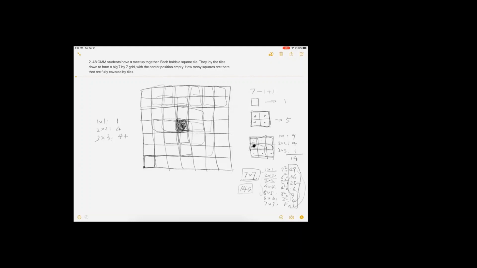So we have 1, 2, 3, 4. Okay, another 4, right? So that's with this square on one side. Okay. Then how about this square in the middle of a 3 by 3 square? Then we have 1. Okay. So this is 9 of these.